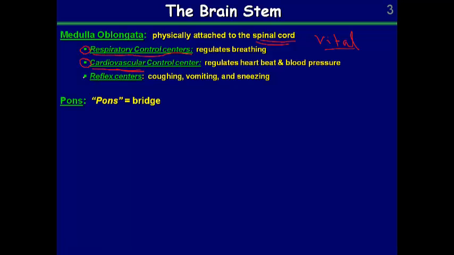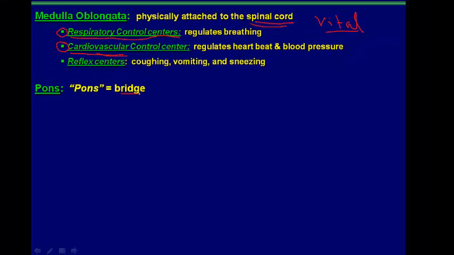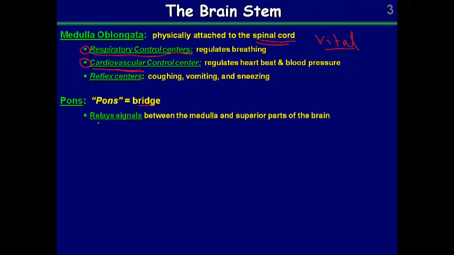Above the medulla oblongata is a region called the pons. And the pons, which means bridge, is just that. It links the cerebellum, which is another part of the brain, with these lower parts of the brainstem. So it acts as a relayer.